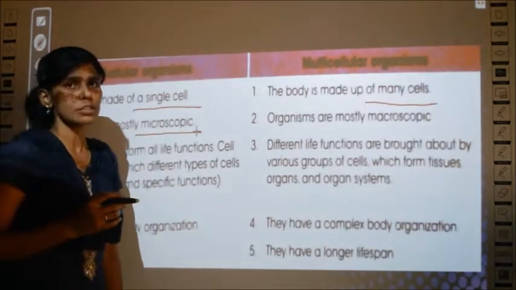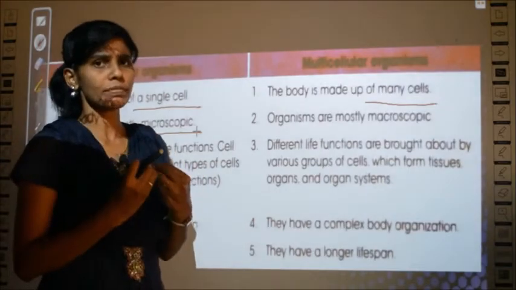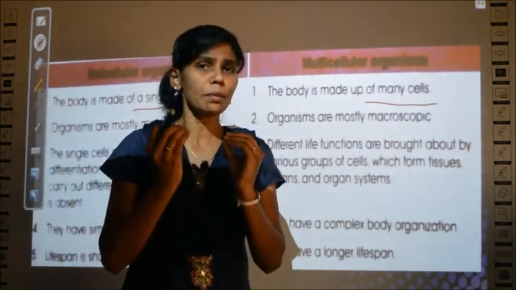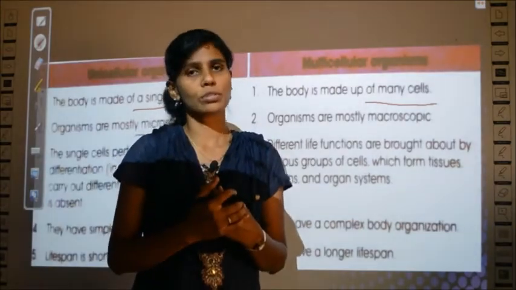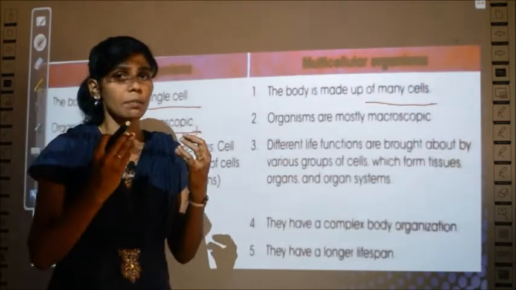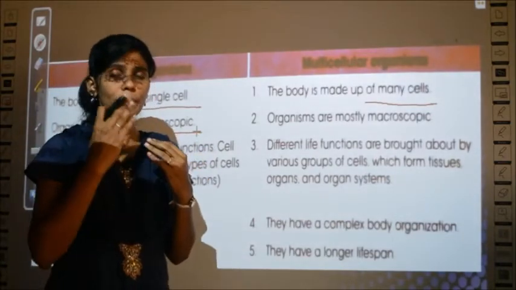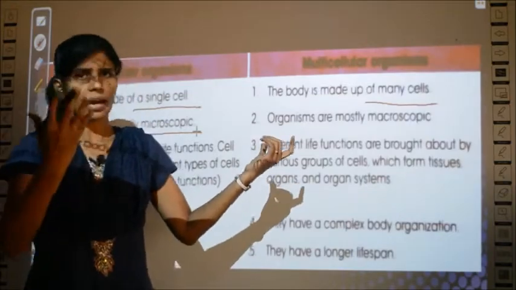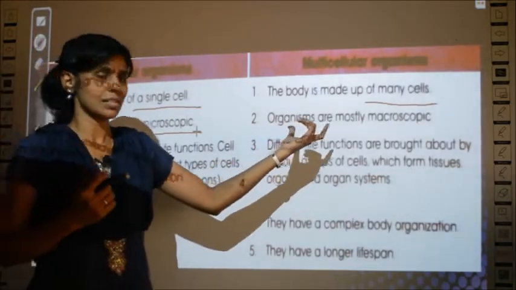In the case of unicellular organisms, they are microscopic. Why is it microscopic? I told you the size of the cells will be so small, and microscopic means it can be seen only through the microscope. It will not be visible when you see with your eyes without any zoom lenses.